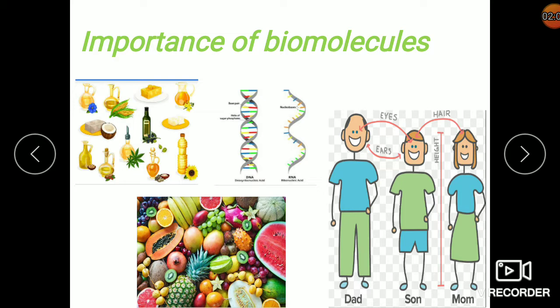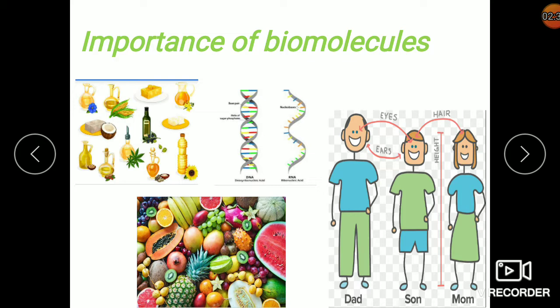This inheritance also comes in the form of a biomolecule, that is a nucleic acid, DNA or RNA. So these are the things where biomolecules play a role. If we study the biomolecules in detail, then we can solve different mysteries of life.